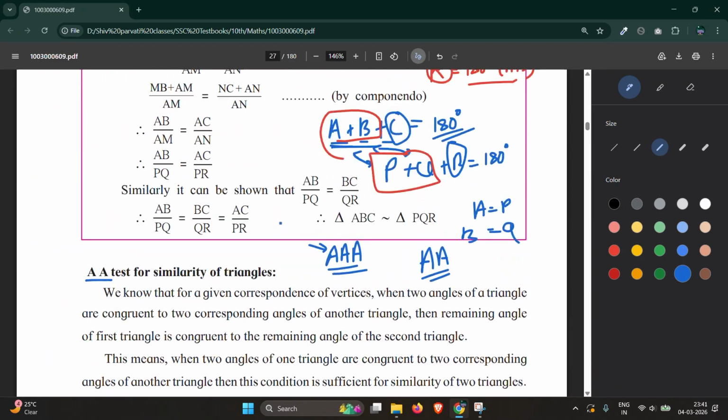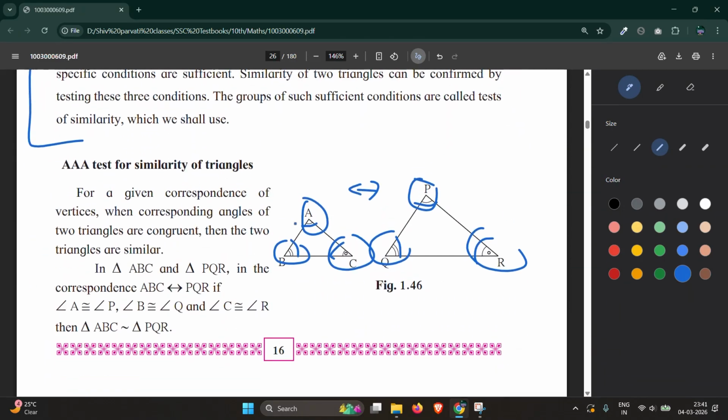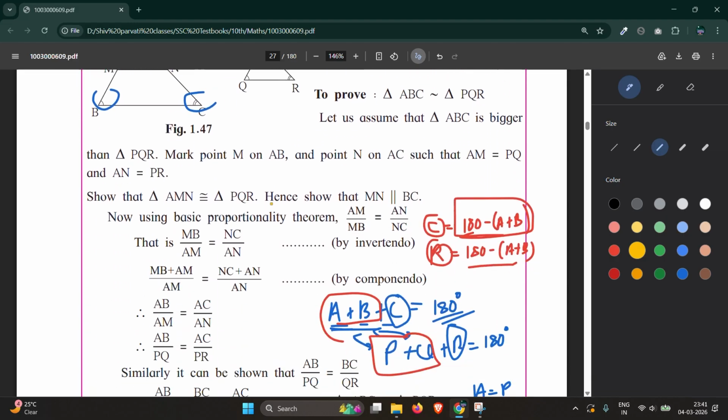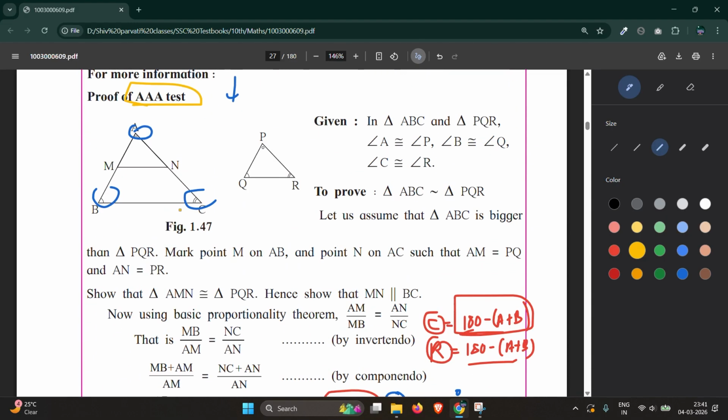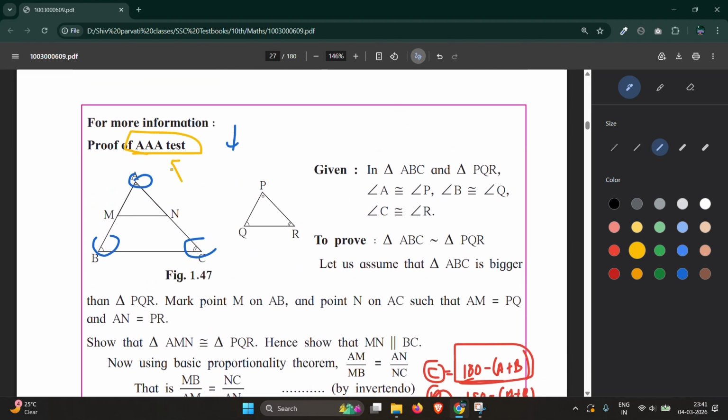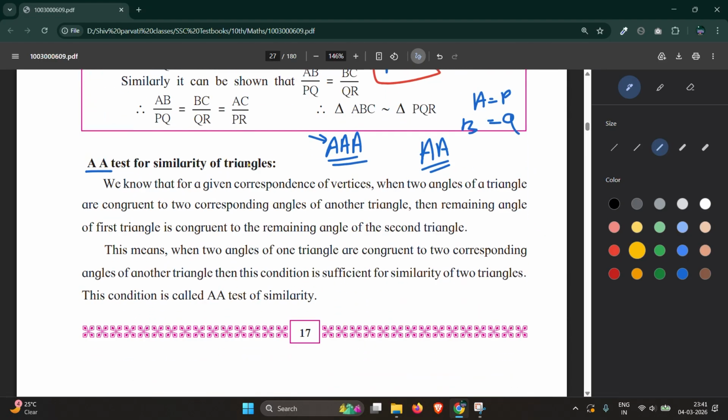So again, there are no proofs for these properties. There is a proof given for the AA property, but you do not have to remember this for the exam. You can go through it as it is a nice thing, and if you go through it once, you will solidify the understanding of the AA test in your brain, but you do not have to.